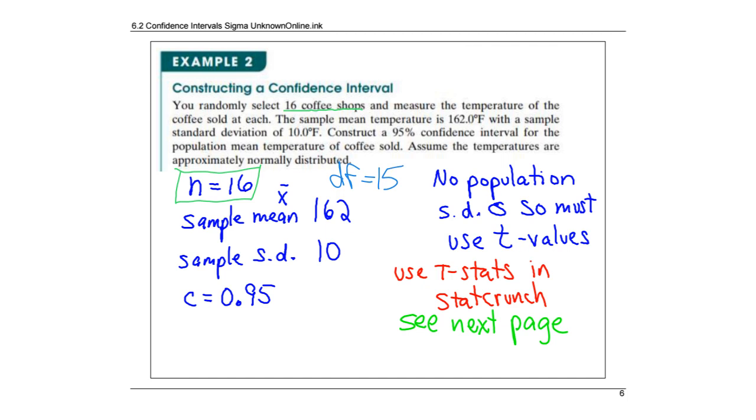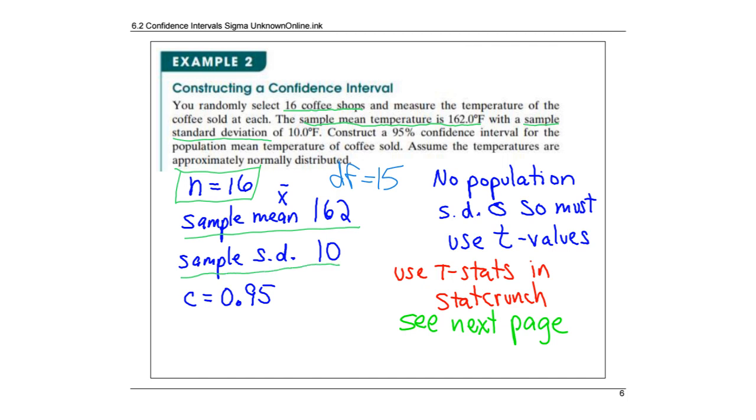Okay, then we're going to measure the temperature of the coffee sold at each of these coffee shops. So first they tell me that the sample mean temperature is 162 degrees. So that's my sample mean, 162, with a sample standard deviation of 10 degrees. And so that's my sample standard deviation.